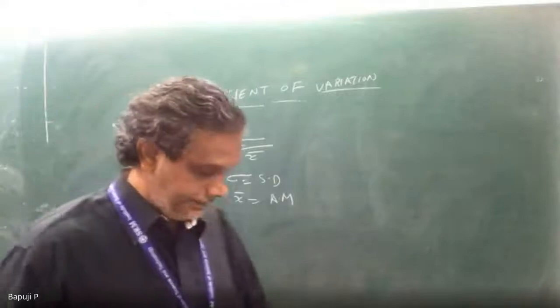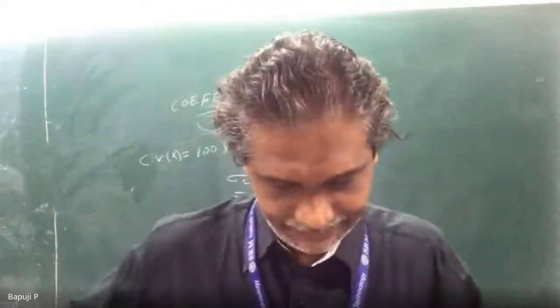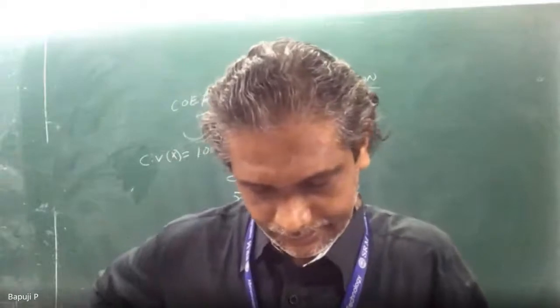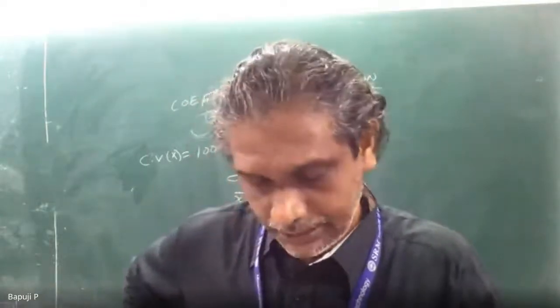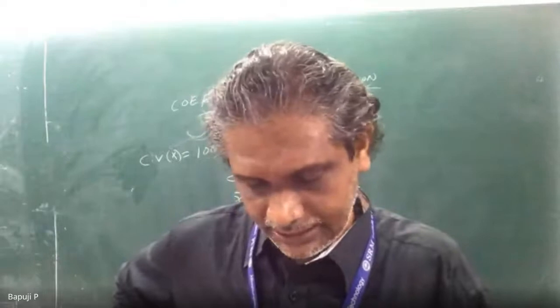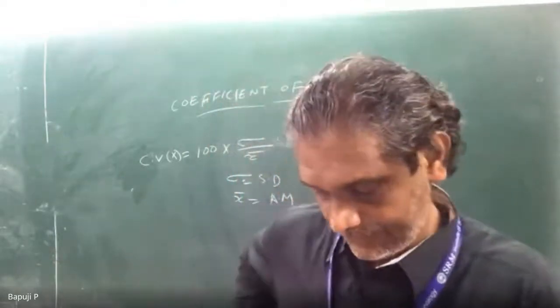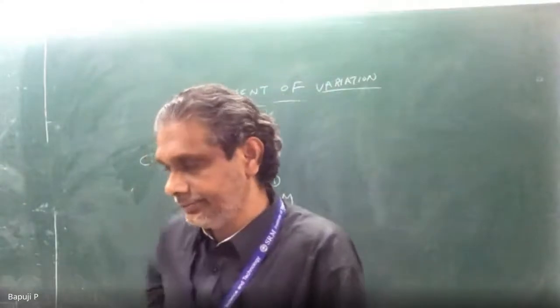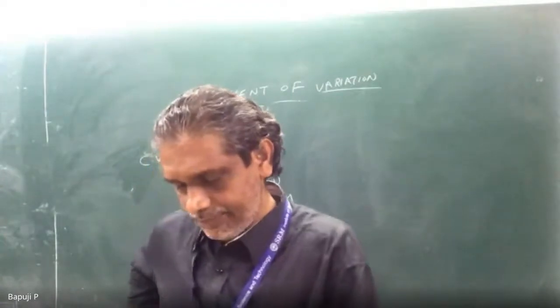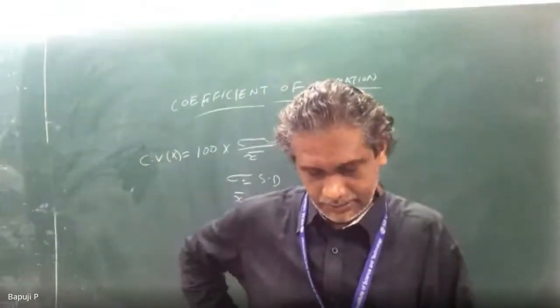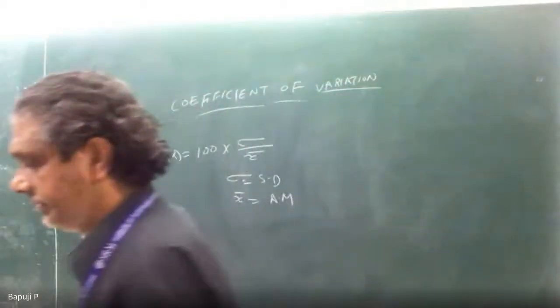Now take the problem. The index numbers of prices of two articles X and Y for 6 consecutive weeks are given below. Find which has a more variable price.